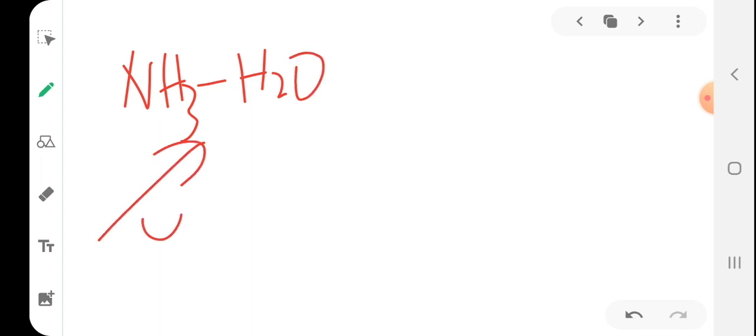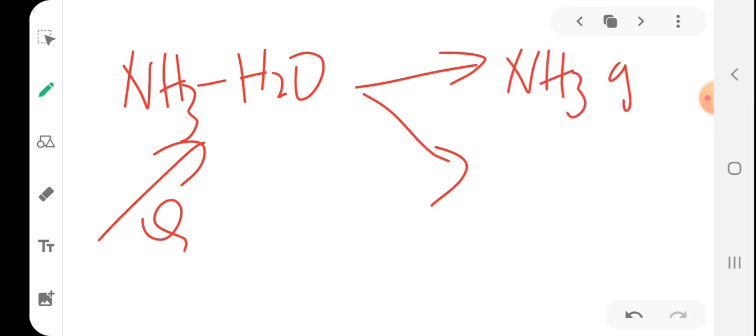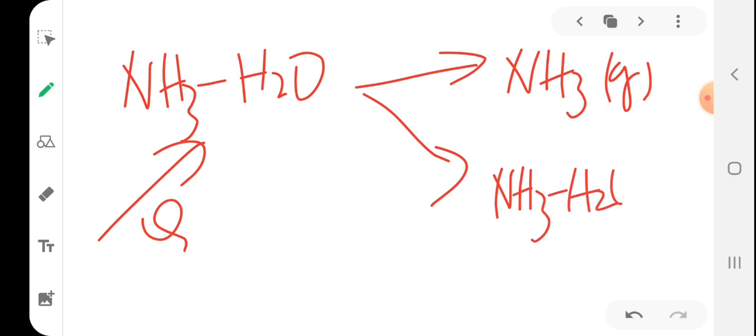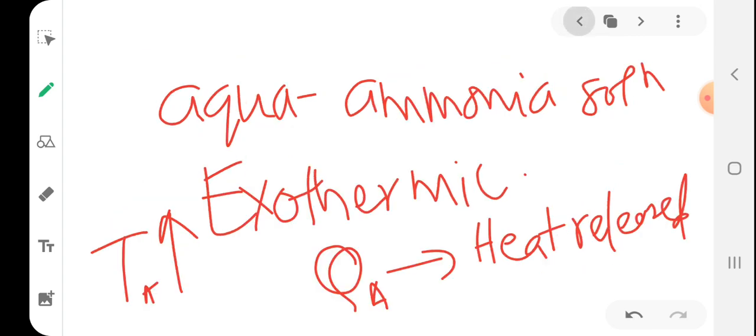When this NH3-H2O solution is heated, it gets separated into NH3 vapor in gaseous form and NH3-H2O solution itself, but it will be a weak solution. This will be a strong solution, right?